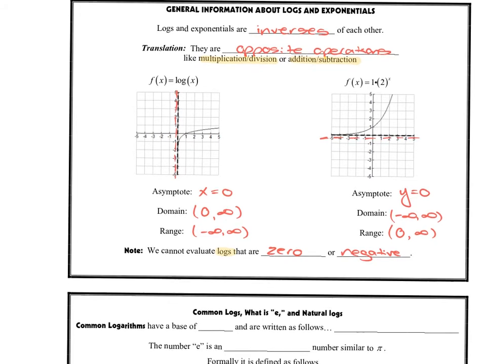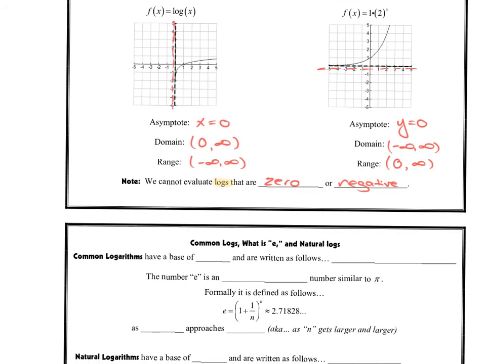Now, down here at the bottom, we're going to look at a couple special logs. We have a common logarithm, and our common logarithm has a base of 10. A common logarithm could be written as a log base 10. The base of the logarithm will be a small subscript, and then we would say of x.